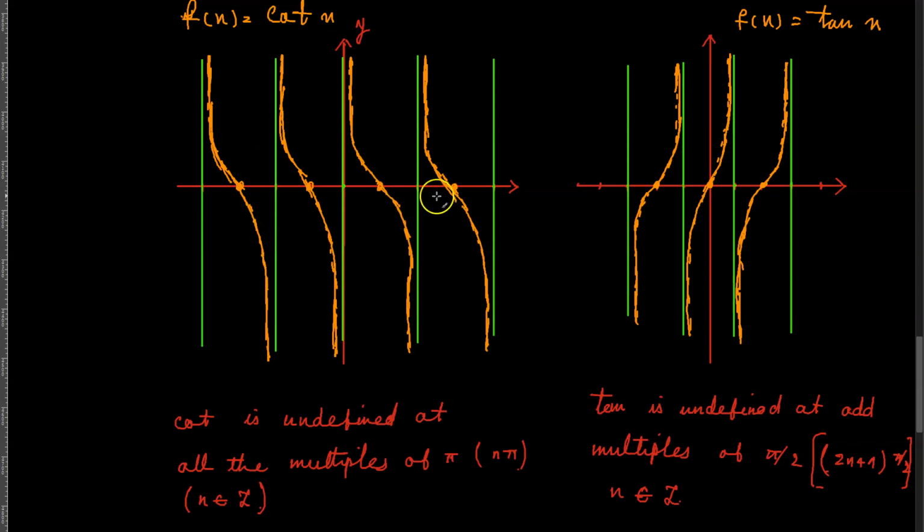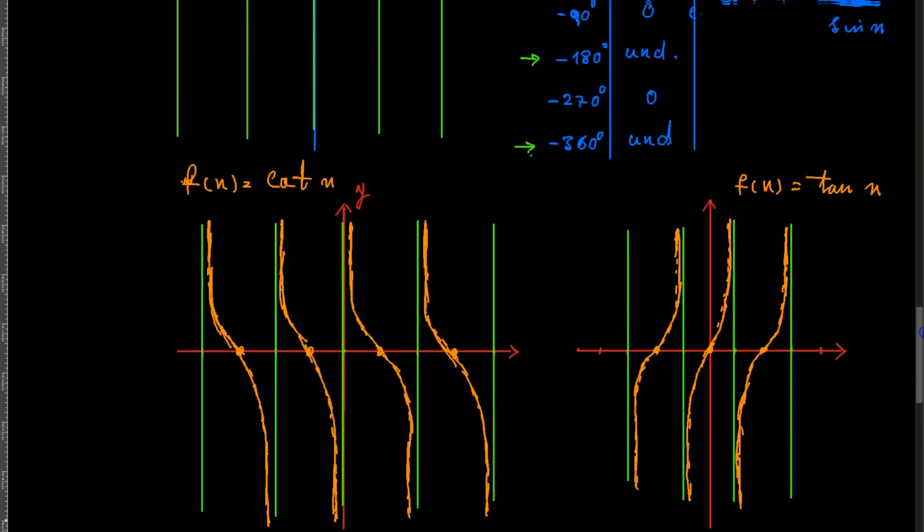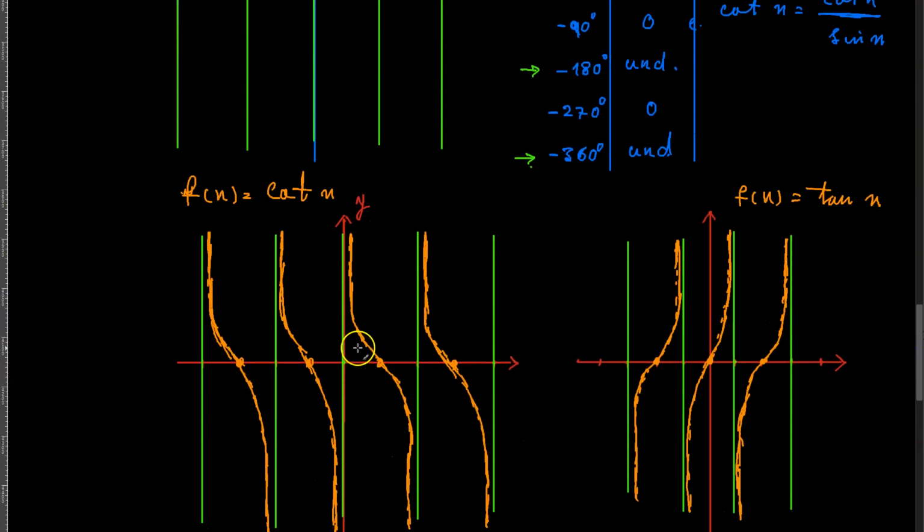Now let's figure out why the function behaves this way, and then we will get to the next function. Okay, so now let's see why the cot function behaves the way that it does, meaning that from the beginning of the cycle it starts from positive infinity and decreases gradually and goes all the way down to negative infinity, and it does the same thing over and over again, every pi units basically.